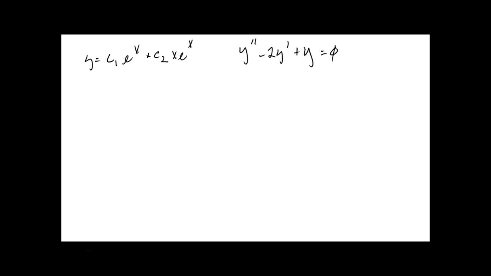Now, we go through the same procedure we did before. What do we have to do to show that is a solution? Take the derivative. Y prime is equal to C1 e to the x plus C2 e to the x plus C2 x e to the x.